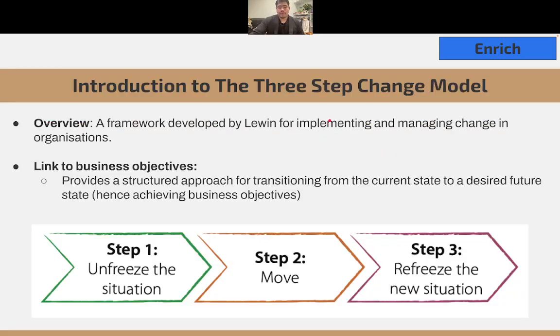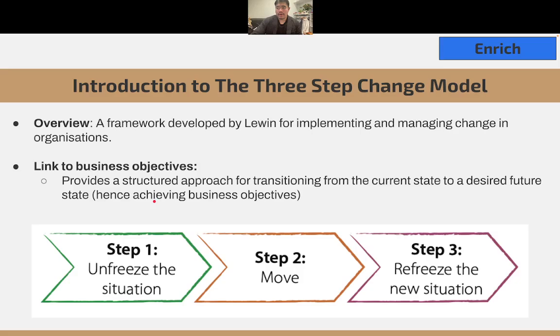So we'll go into what the three-step change model is now. So it's a framework developed by Lewin for implementing and managing change in organizations. So the link to the business objectives, as usual, is it provides a structured approach for transitioning from the current state to a desired future state.